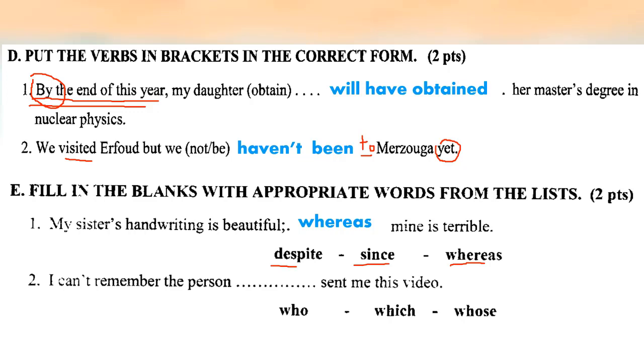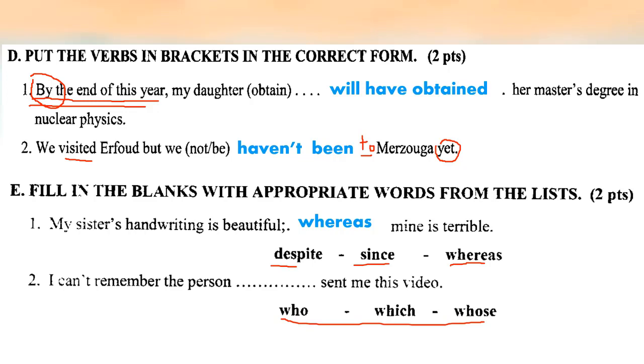Number 2, I can't remember the person the person sent me this video. So here we have person and relative pronouns. We just need to know exactly when to use who, which, whose, where, when, why, etc. And whom, of course, then that.